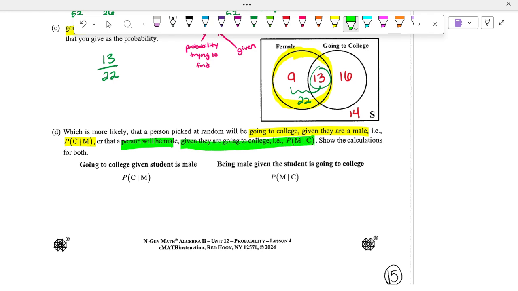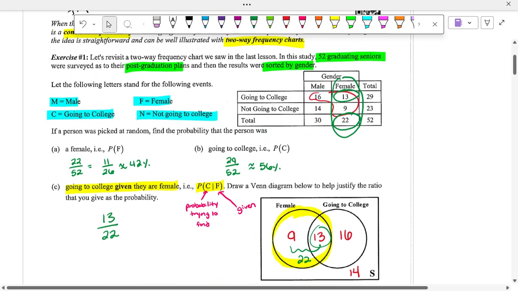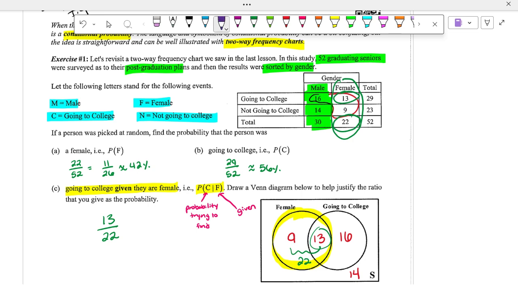So we know for a fact that they're going to college. So what's the probability that they're male? So first off, let's do the probability of C given M. So that means I'm looking into what column? The male column. Since we're given that they're male, we're looking in the male column. So that means my entire probability will be taken out of what? 30.